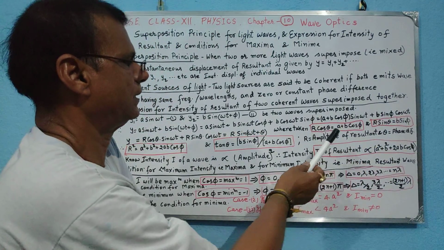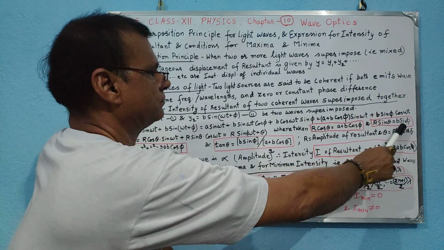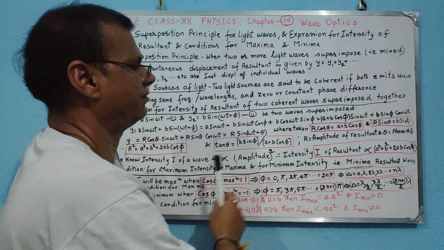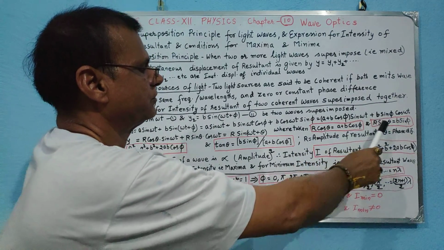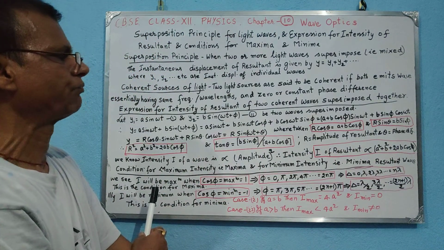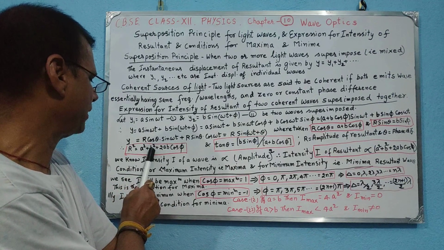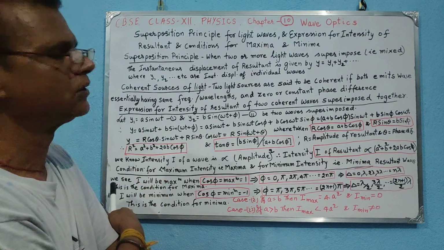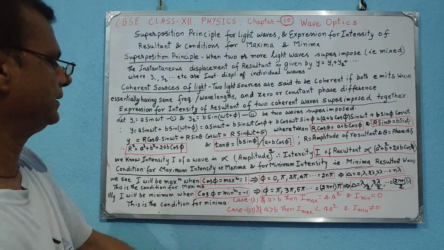So when you add these terms, sin square phi plus cos square phi gives 1, and we are left with b square. Finally, you do it extensively yourself, you will get this expression: a square plus b square plus 2ab cos phi. This will be the value of the amplitude of the resultant wave.